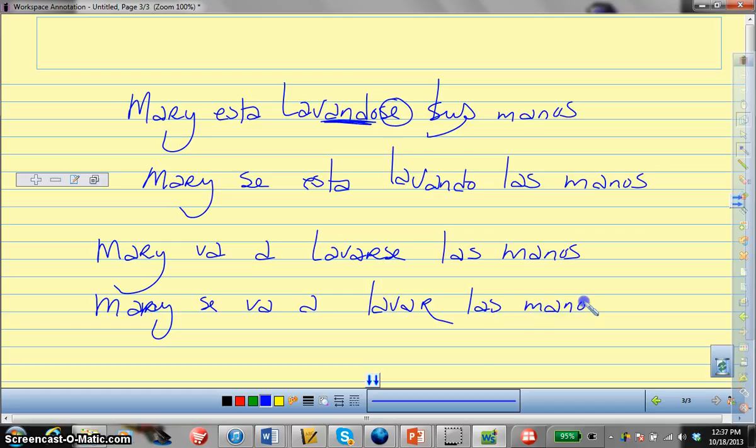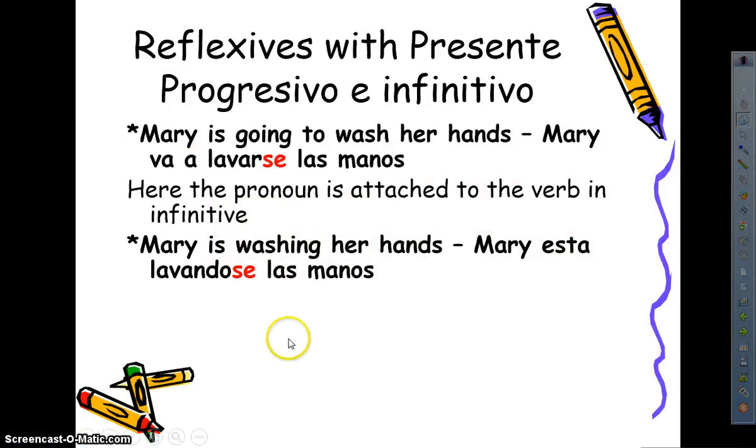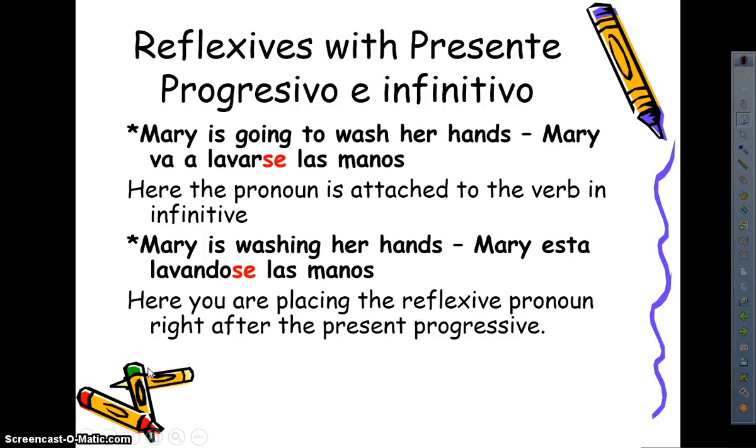Does that make sense, guys? Chico, does it make more sense now? Okay. All right. So here you're placing the reflexive pronoun right after the present progressive. Okay?